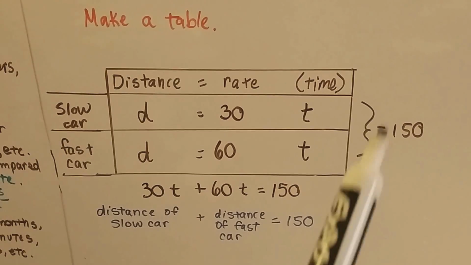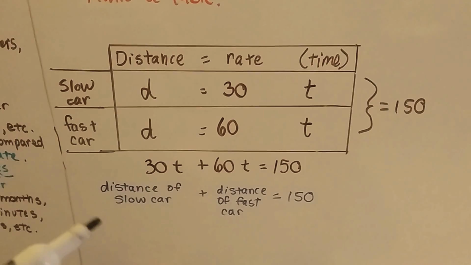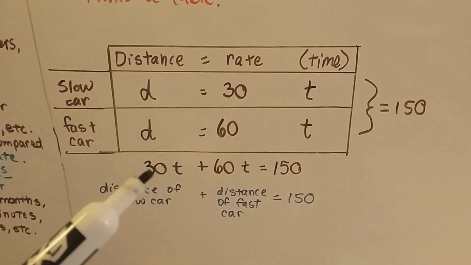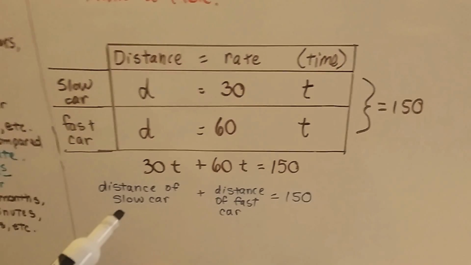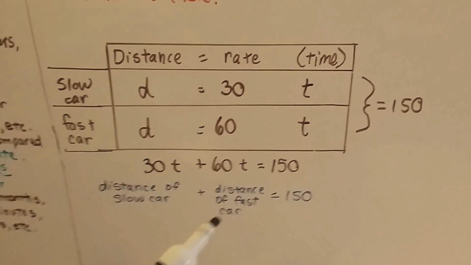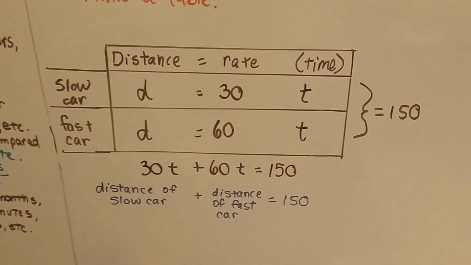But together, it's going to be 150. So we can actually write an equation of 30t plus 60t equals 150. The distance of the slow car plus the distance of the fast car is going to equal that 150 kilometers.